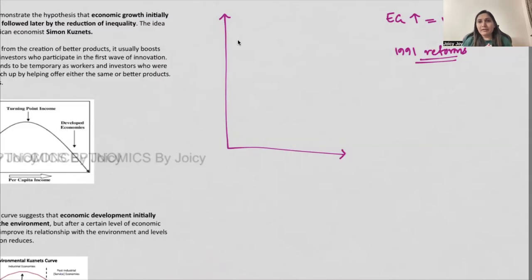with the 1991 reforms, we adopted liberalization, privatization, and globalization. As a result of globalization, many MNCs came to India and they were able to provide commodities at a competitive, very low price, because the MNCs enjoyed economies of scale.